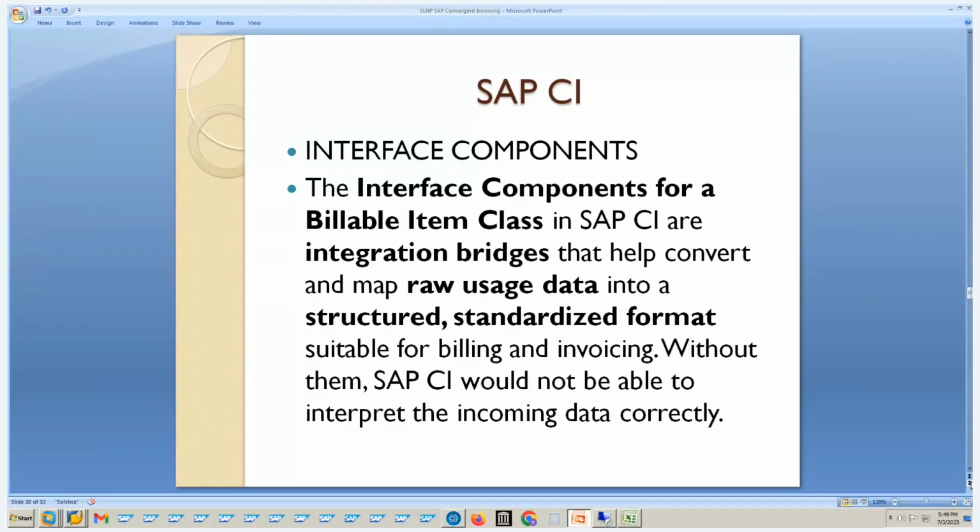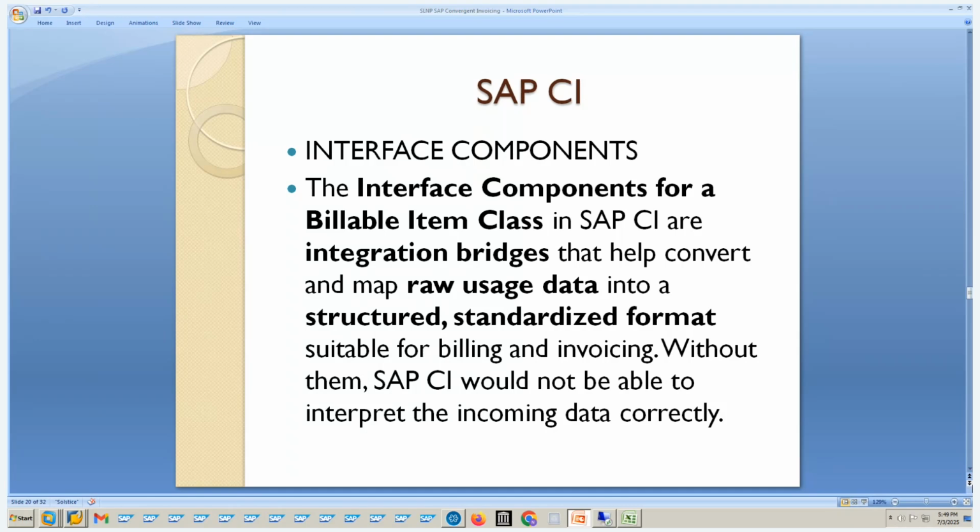SAP provides the documentation, and based on that, you can understand whether a particular interface component is required or not. Okay. And you must make sure that the billable item interface components are added. Suppose we miss out adding some interface component, you can come back and add it later, but you have to regenerate the components. Basically, that activity has to be done.